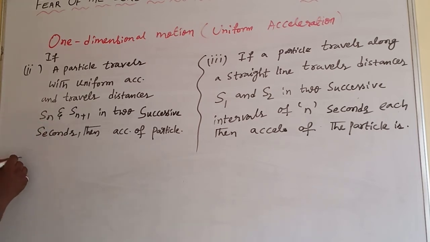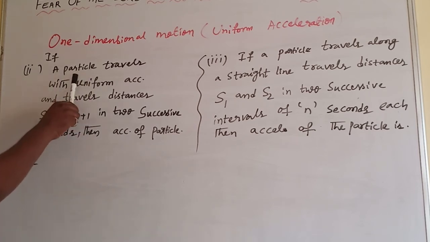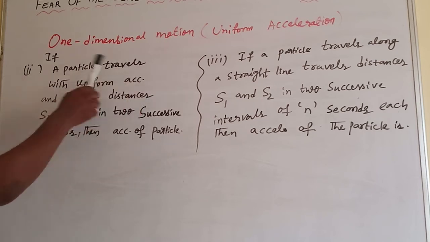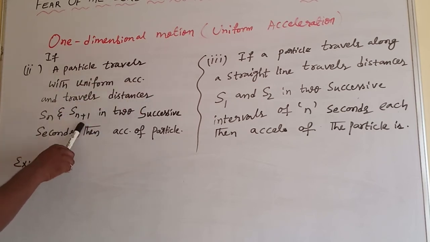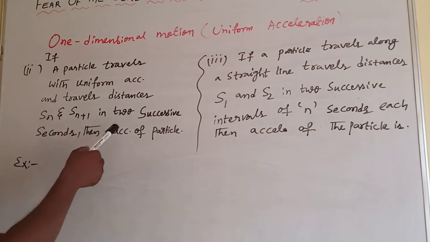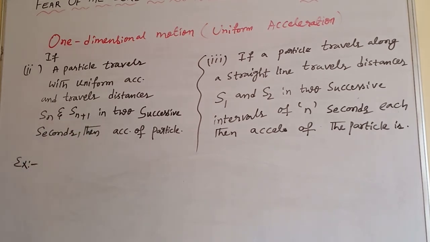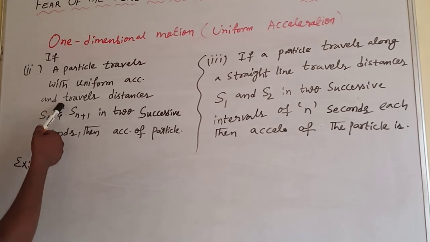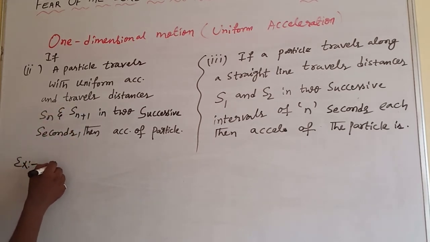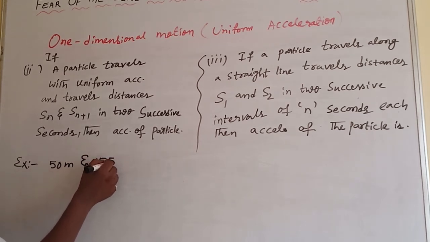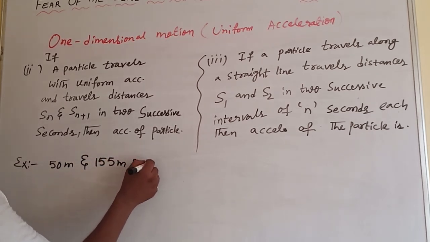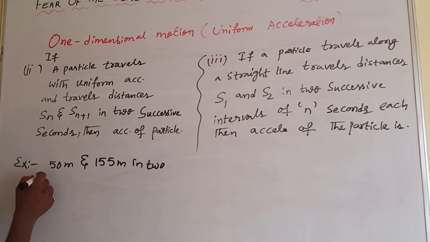They may say that a particle having uniform acceleration travels distances 50 meters and 155 meters in 2 consecutive seconds.